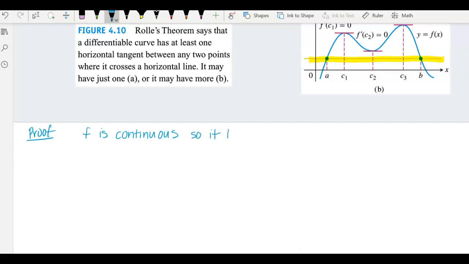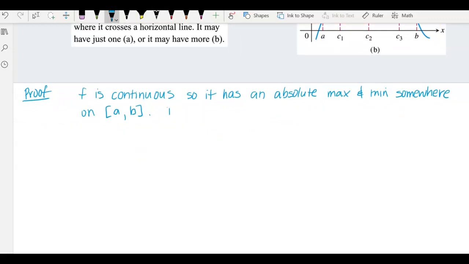So it has an absolute max and min somewhere on A, B, and it could be at the endpoints, right? We know that these max points occur in a couple of different locations.